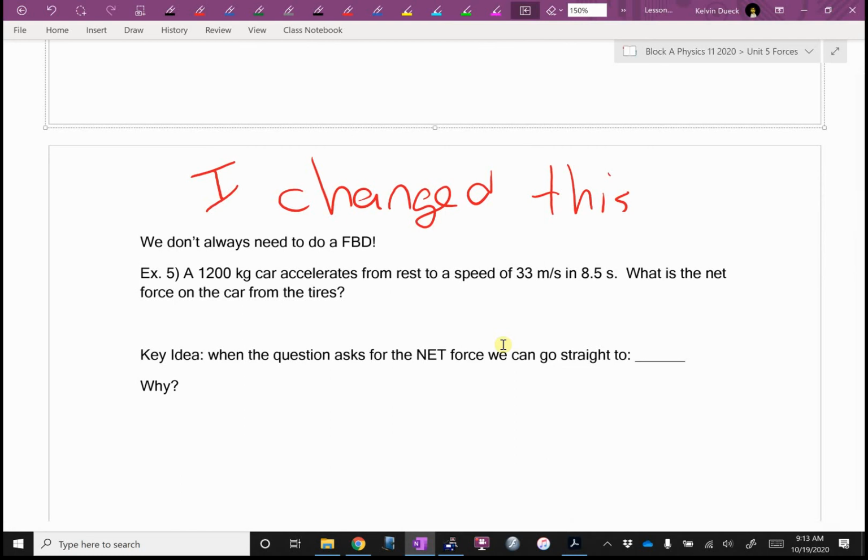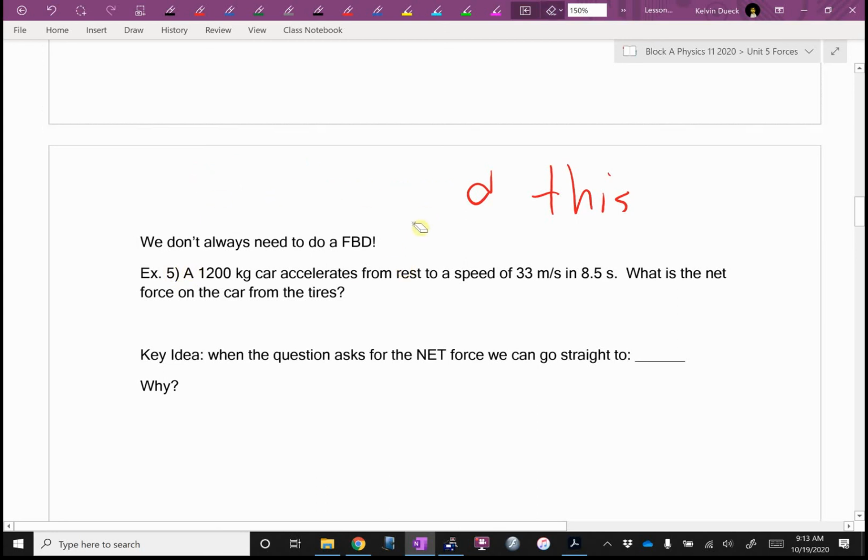There you go. Okay? And once you've crossed it out, can you write down, we don't always need to do a free body diagram. Students kind of go free body diagram loopy. And then can you copy out example 5, please? So I changed this in your notes.